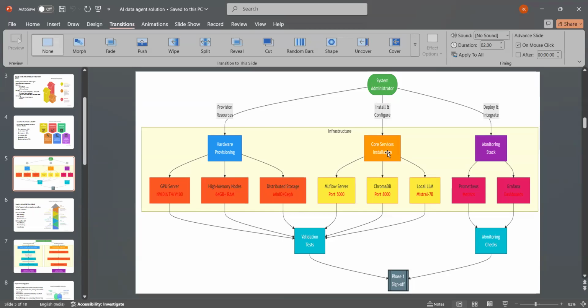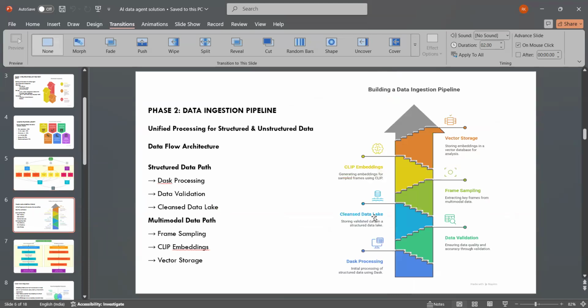For core service installation, you will be using MLflow server, Chroma DB and local LLM, and to deploy and integrate the monitoring stack, Prometheus, and we have a dashboard. The hardware provisioning and core services are covered by validation tests, and the monitoring stack by monitoring checks. With this process we have phase one ready for sign off.